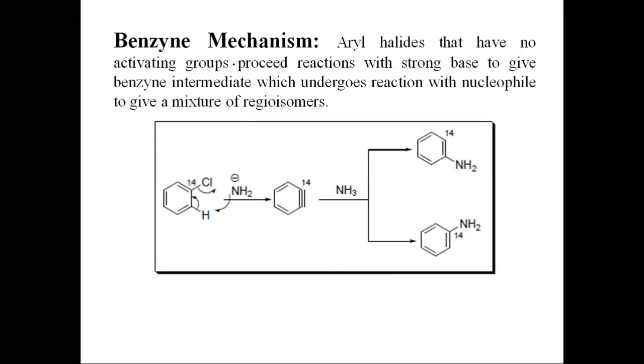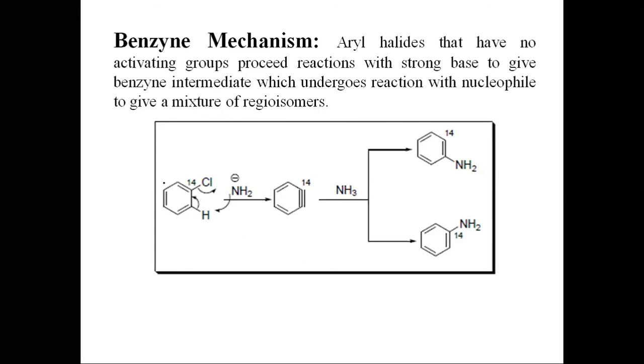And I think you have covered this benzyne mechanism at the degree level. Aryl halides that have no activating groups react with a strong base to give a benzyne intermediate, which undergoes reaction with a nucleophile to give a mixture of regioisomers.